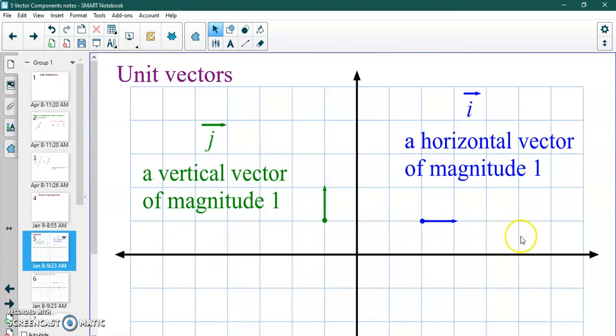That's because along our horizontal axis, we know that to the right is a positive direction. If we saw this vector go to the left with a magnitude of 1, well, that would be negative i because that's going in the negative horizontal direction. Similarly with j, this is kind of like our y. That is a vertical vector of magnitude 1, and if it were to go down, then we would have a negative in front of that vector.